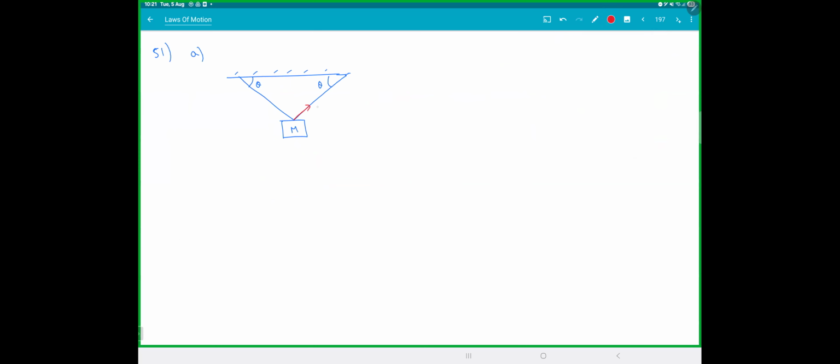So in this string, let the tension be T. Let this point be A. Find the tension T in the string before and after cutting at A. Find the tension in the right string just before and after cutting.